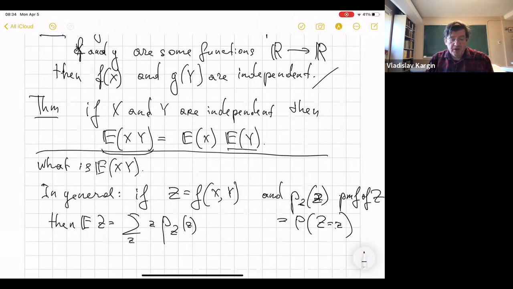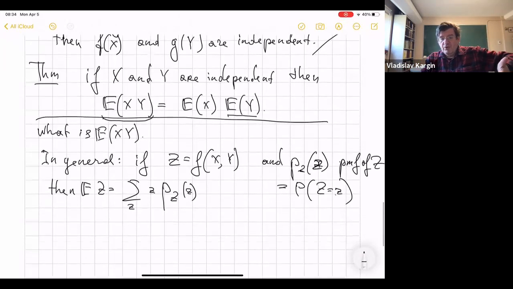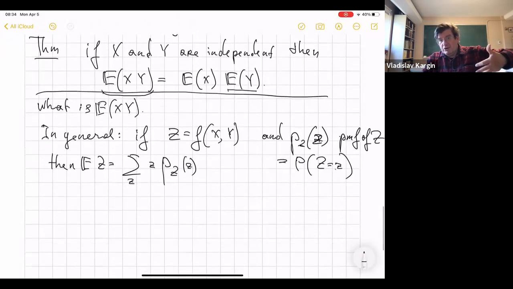But you need to calculate all these probabilities. It's difficult; we will talk about how to do it later in the course. It's not so easy in general. It turns out that there is a simpler way to do it. It's a generalization of a theorem that we did before.